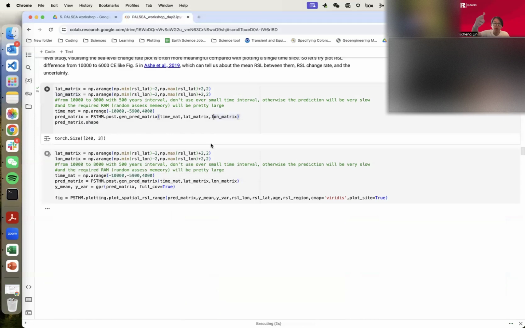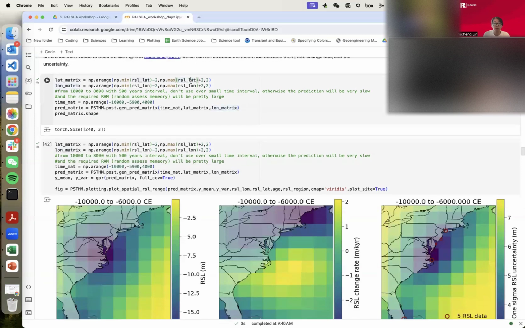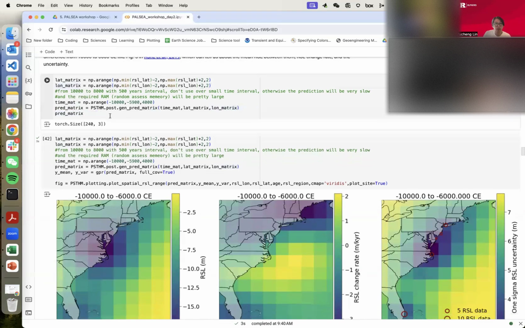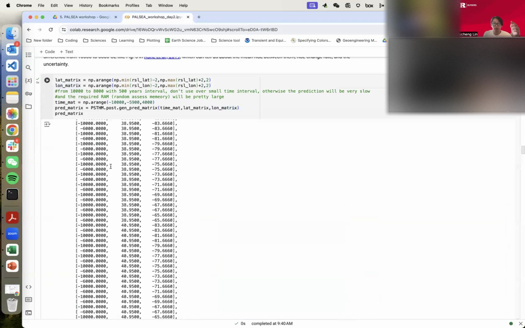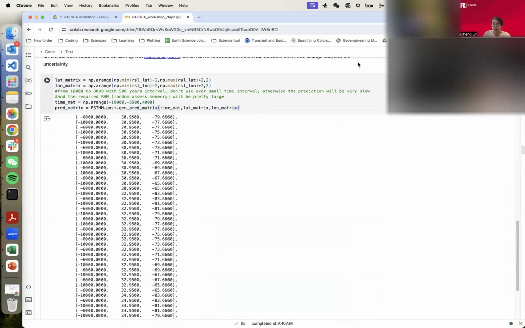If you want to investigate any time and any space, you can just input it as a three-dimensional column. So it's any time, any location, you can predict that. Okay, I hope that makes sense.